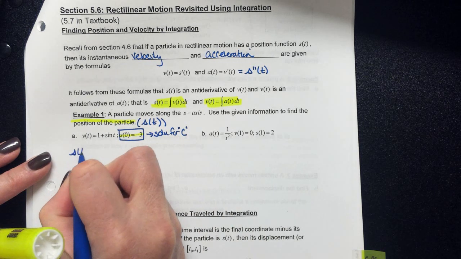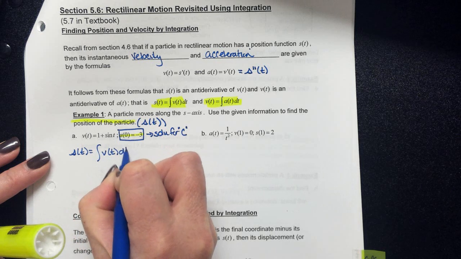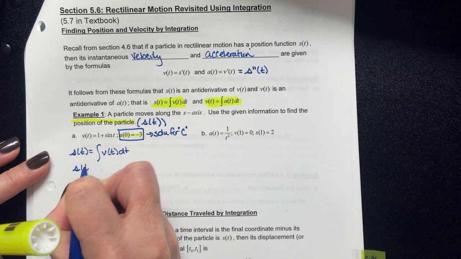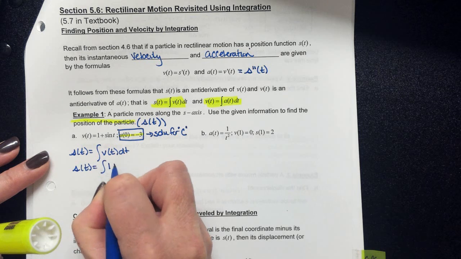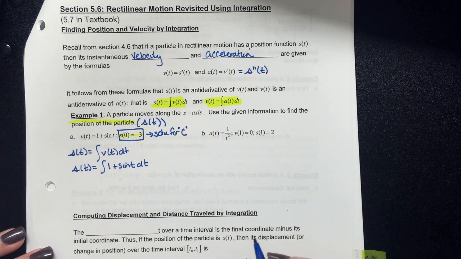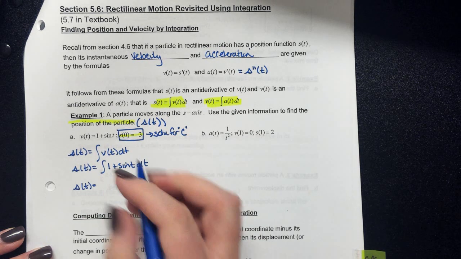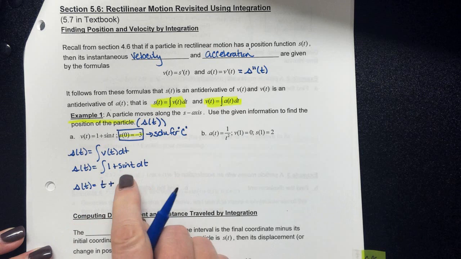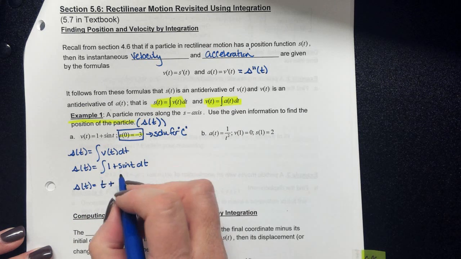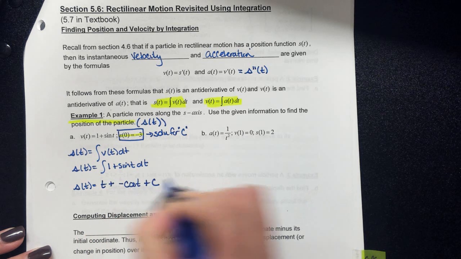So s of t is going to be equal to my integral of v of t dt. So s of t is equal to my integral of 1 plus sine of t dt. When I integrate, I know the antiderivative of 1 is just t. The integral of sine of t is going to be negative cosine t plus my c.